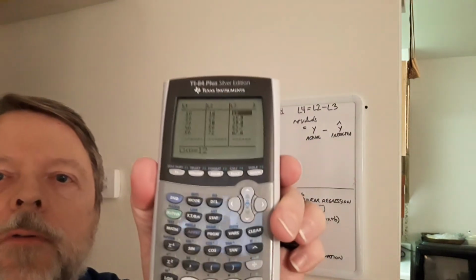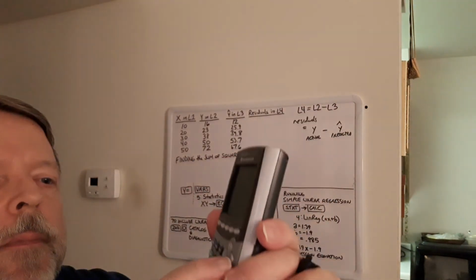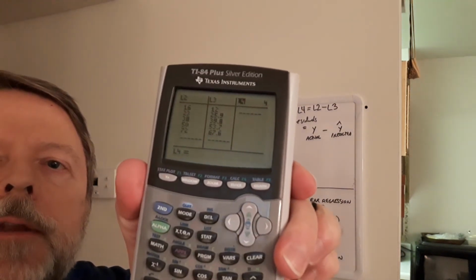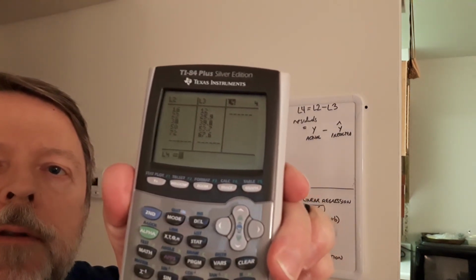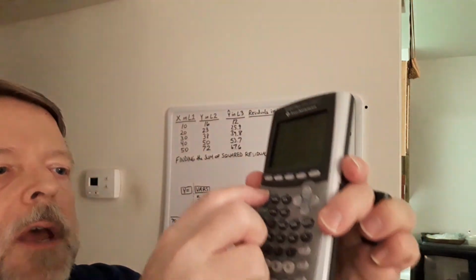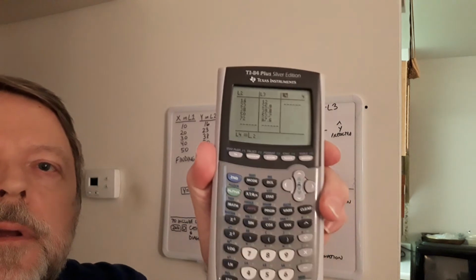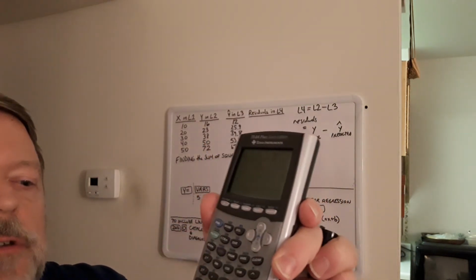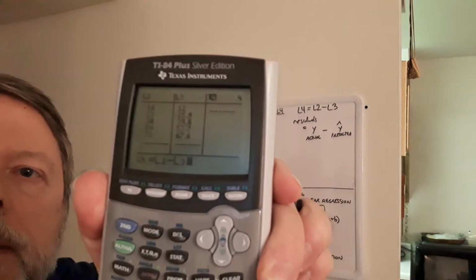We need to go over to the right to the L4 column, highlight your heading, press enter to get down to the tray, and now I want to key in the command L2 minus L3, which will be second function 2 minus second function 3, like that.